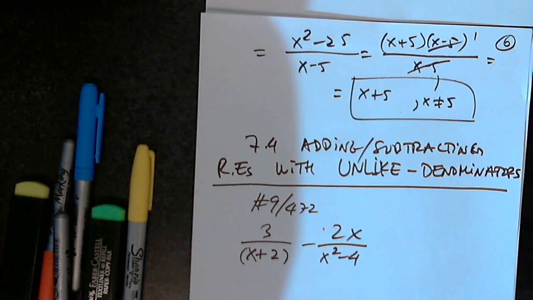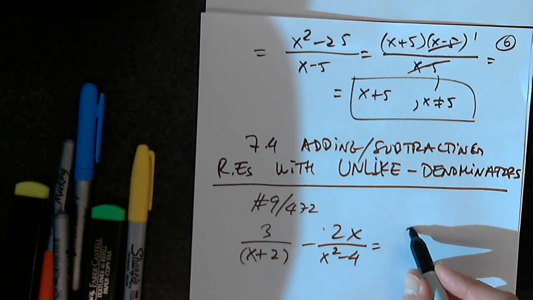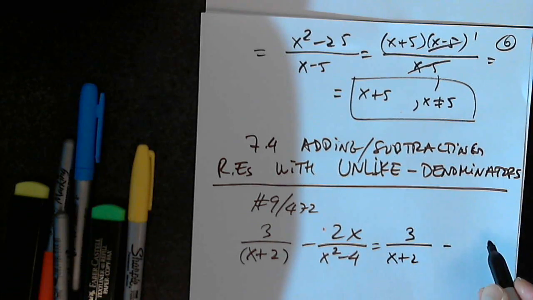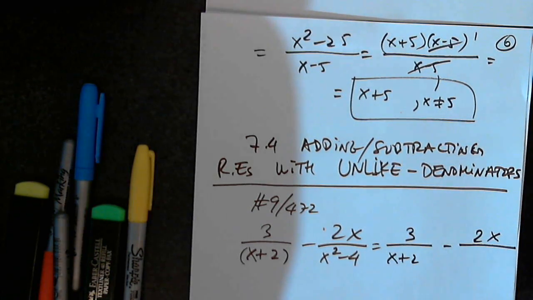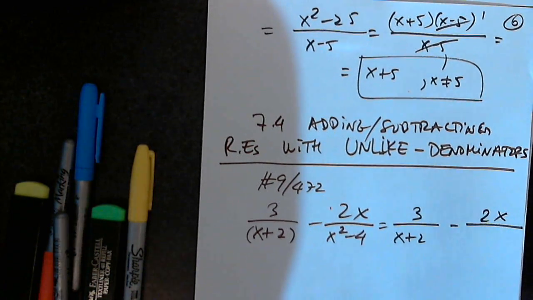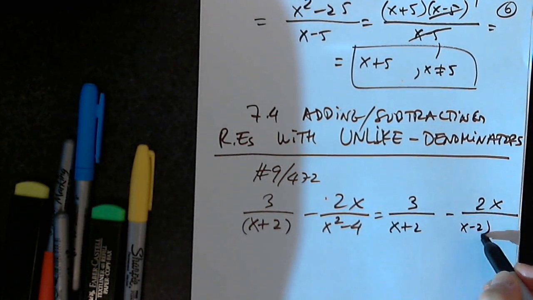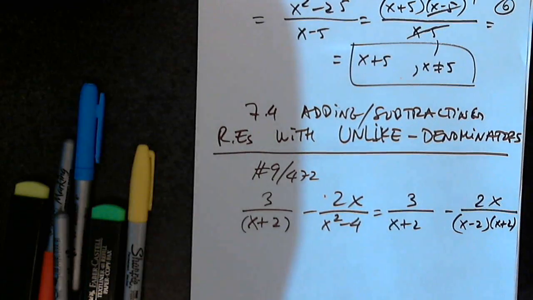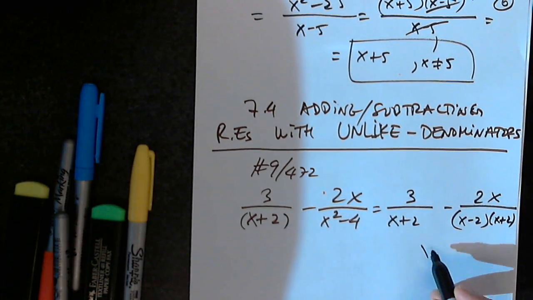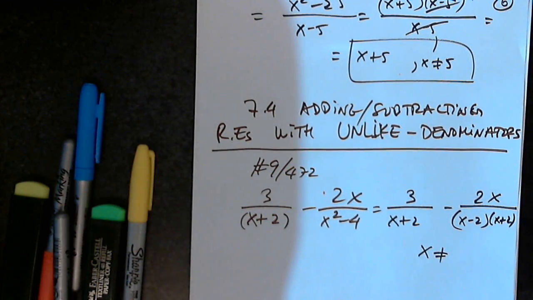But I know that x squared minus 4 can be further factored. So that will be my first step. 3 over x plus 2 minus 2x divided by, and I know how to factor x squared minus 4 into, good. Now I would immediately state two restrictions.